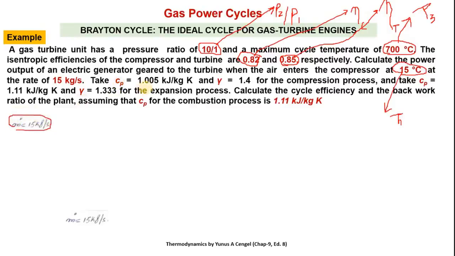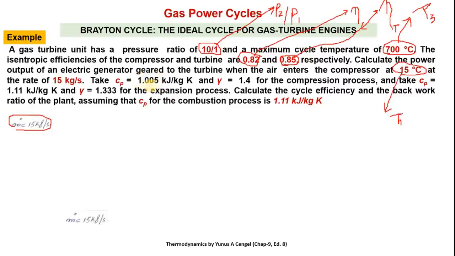Take Cp of air as 1.005 kilojoules per kilogram per Kelvin, and gamma, or specific heat ratio, for air as 1.4 for the compression process. And take Cp equal to 1.11 and gamma equal to 1.33 for the expansion process, because during expansion at the inlet of the turbine the temperature will be very high and the Cp value will change.